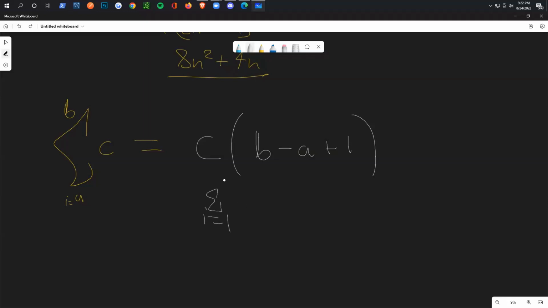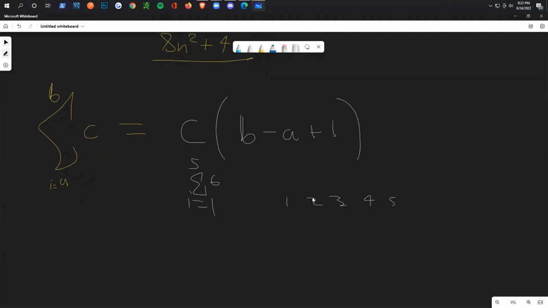Let's just say this is 5 and then this is 6. If you're starting at 1, 2, 3, 4, 5, you're going to want to add 6 this many times, so 5 times. What it ends up doing is it takes B, which is 5, minus 1.